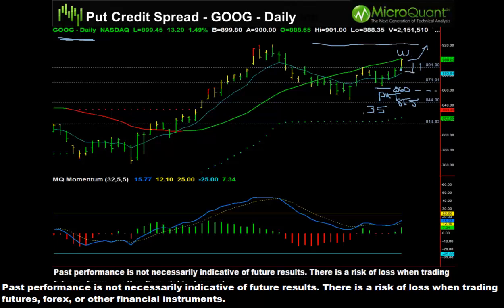What happens if it starts to move against us? Okay, that by Friday we're sitting right here at 864. Okay, it could punch down through 860 before the close, and we could be a little bit on the loss side of this spread.